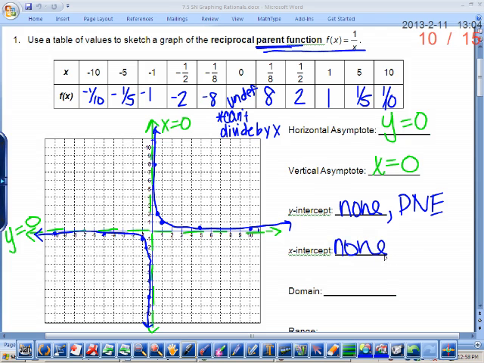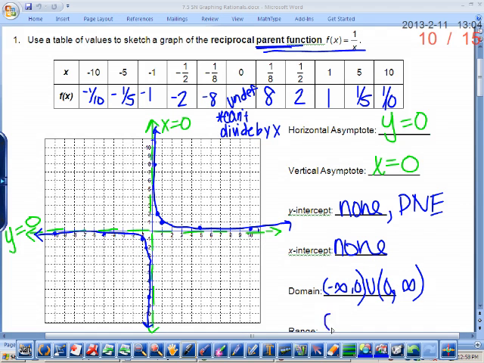What's the domain of this curve? What happens at 0? It doesn't hit it, so you need to use a parentheses and a union to skip over that 0. These parentheses are really, really important, okay? Should it look like a bracket, you've messed up, because then you're including 0.